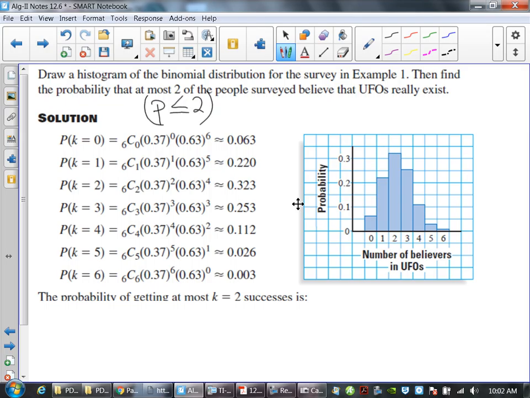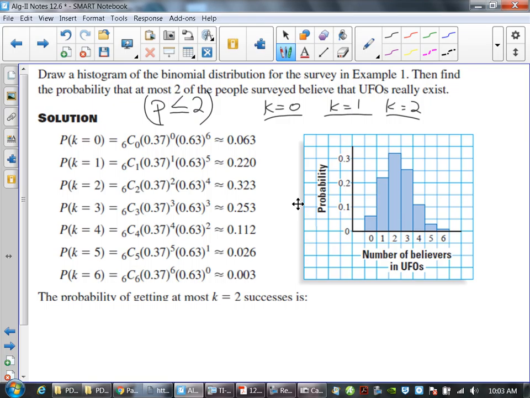So that means I can have 0, I can have 1, or I can have 2 people. So I'd have to do this 3 times and add it together. Same thing we just did in the calculator. I would have done that Bino PDF with a K value of 0, a K value of 1, and a K value of 2, and just added them all together.